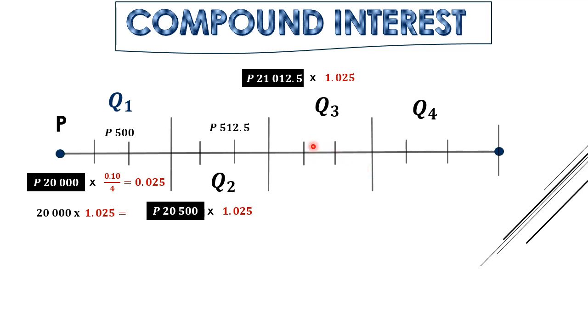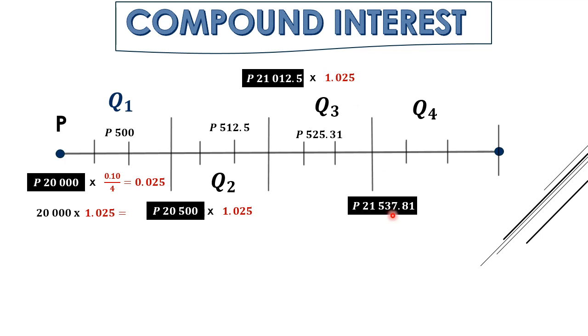First, let's find the interest earned for the third quarter by multiplying 21,012.5 with the quarterly rate. We get 525.31. So this is the interest earned for the third quarter. We add this to the principal and get 21,537.81. This is also the result when we multiply 21,012.5 times 1.025.